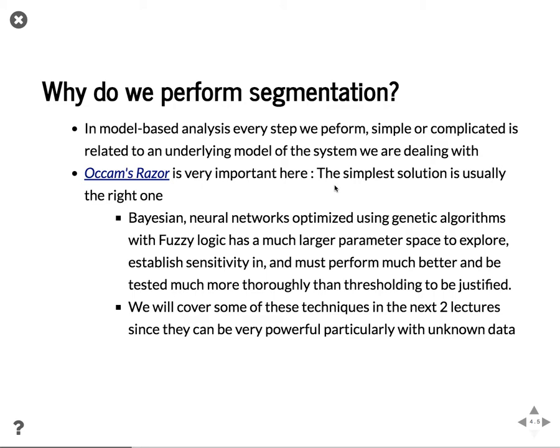This is where aspects like Occam's razor are very important, where the simplest solution is usually the right one. And so if you're dealing with something like bone, trying to incorporate every possible piece of information you know about bone when you're segmenting it will likely make your task a lot harder, and you want the simplest approach you can take in order to segment it.